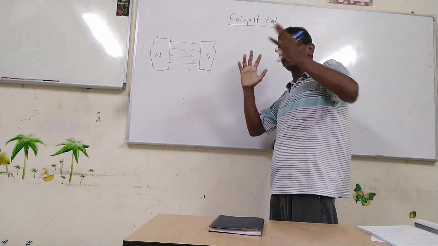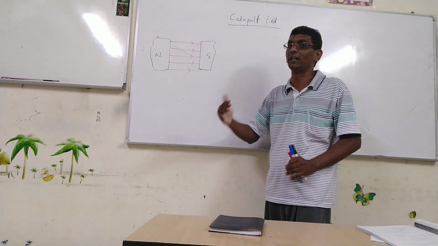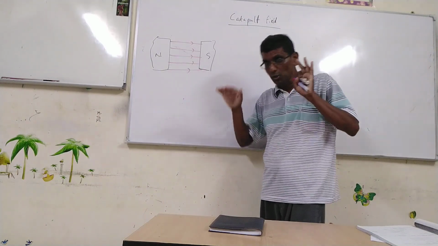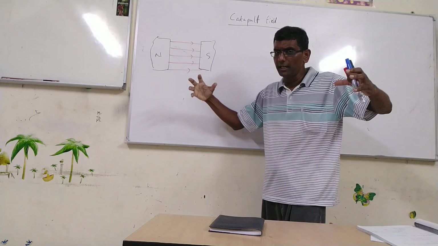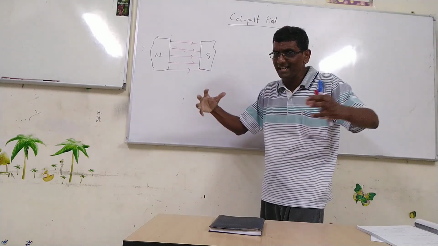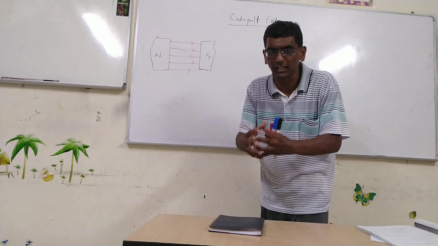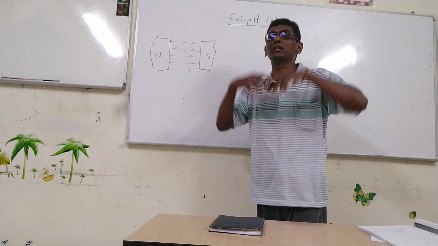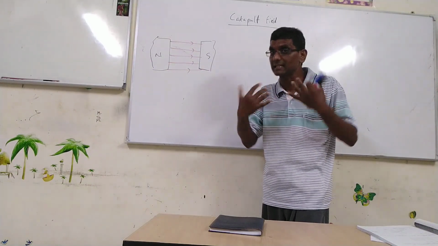When the current starts to flow, the current produces what? Electromagnetic field. So the electromagnetic field and the permanent magnetic field combine together and interact with each other. They produce what we call the catapult field, the resultant magnetic field.